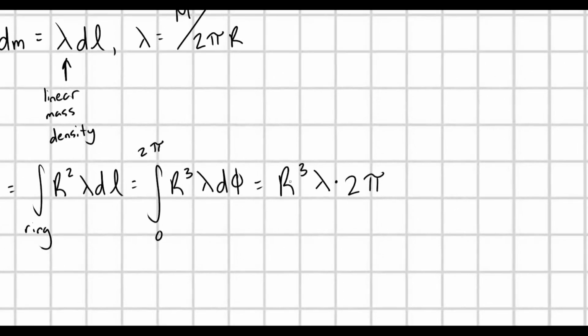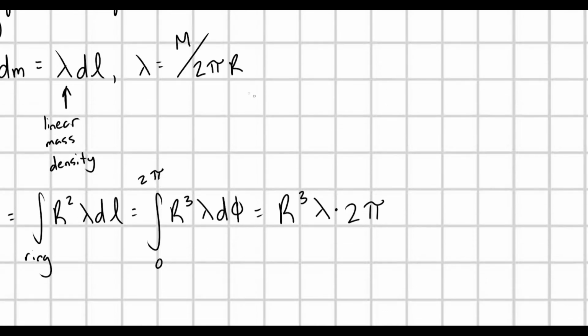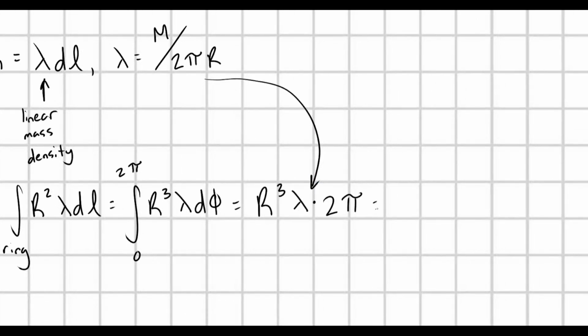All right, let's go ahead and substitute in for lambda. Lambda is going to be equal to, as we said before, m over 2 pi r. So we have r cubed times m over 2 pi r times 2 pi.